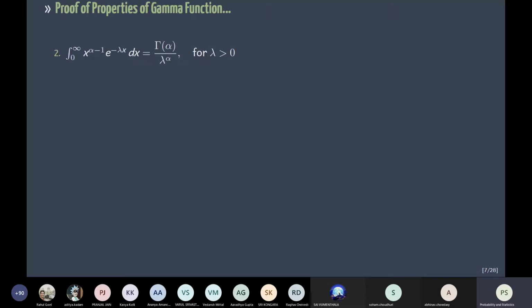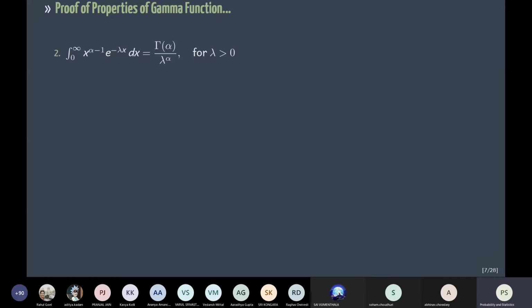So this is the second property that we have to prove, and to prove this, we may want to do a change of variable. I have a space here and here. What could be a good change of variable here?